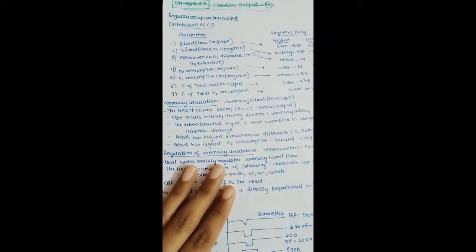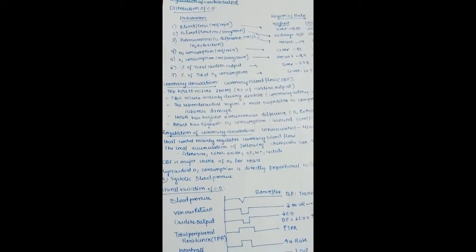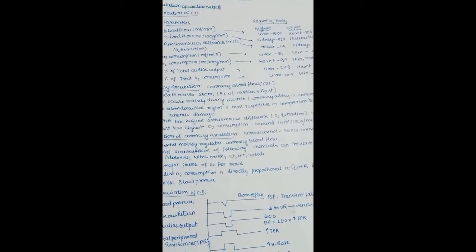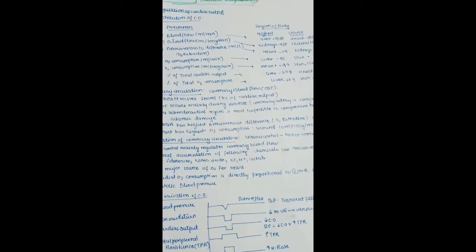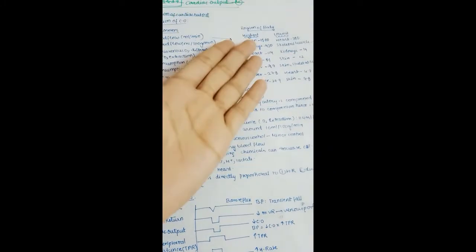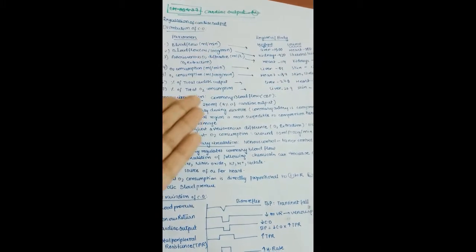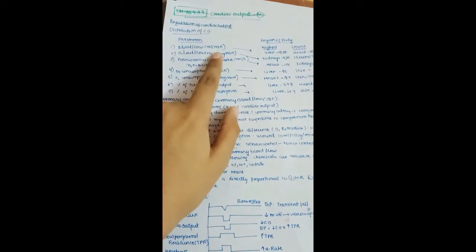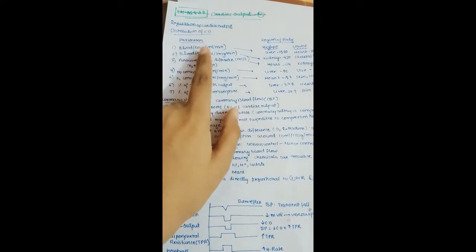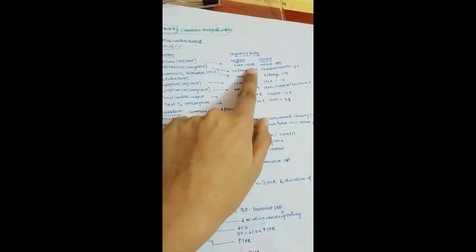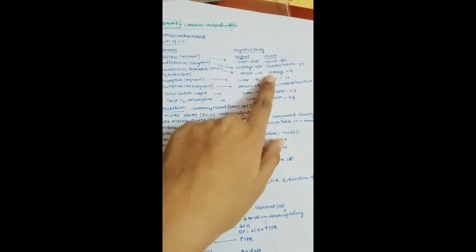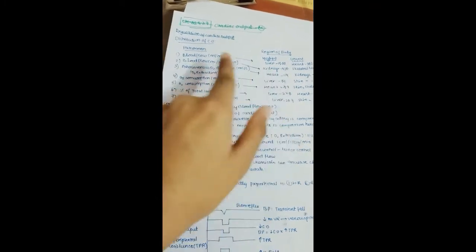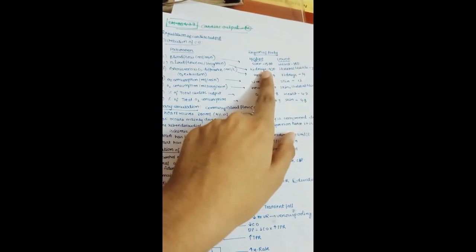Next, we move on to the distribution of cardiac output. Here we are going to see some values in the regions of the body which have the highest and the lowest of these parameters. Blood flow in milliliters per minute is highest in the liver, at 1500, and lowest in the heart, at 250. So blood flow goes more to the liver.